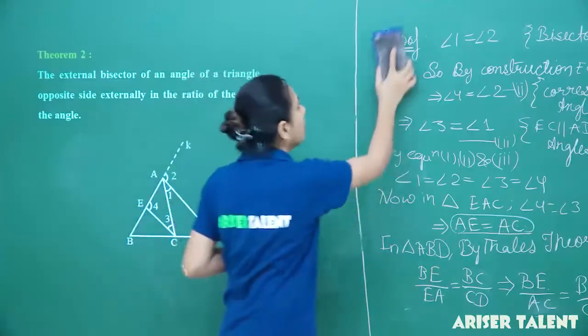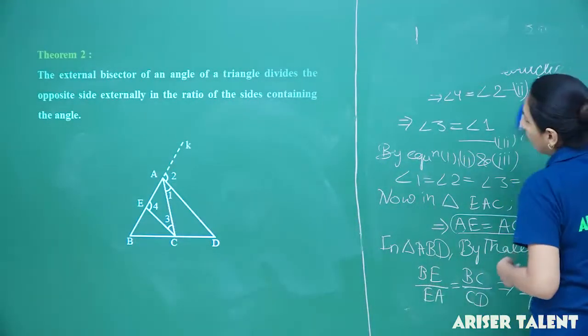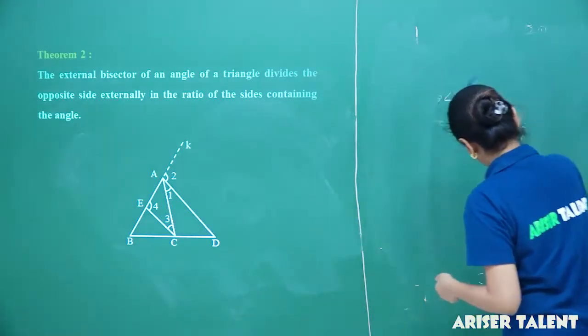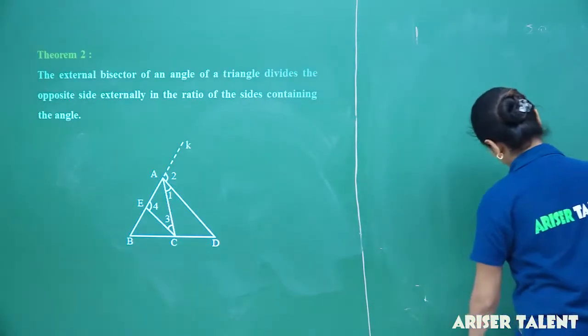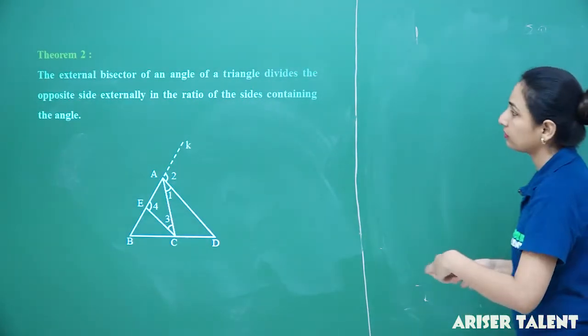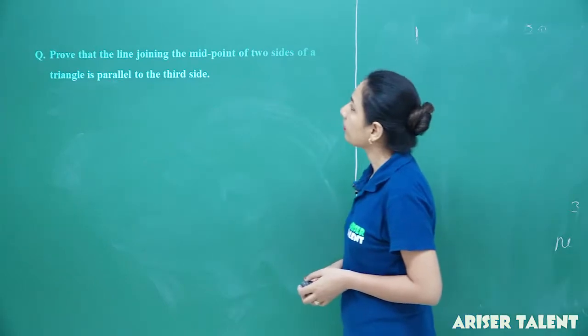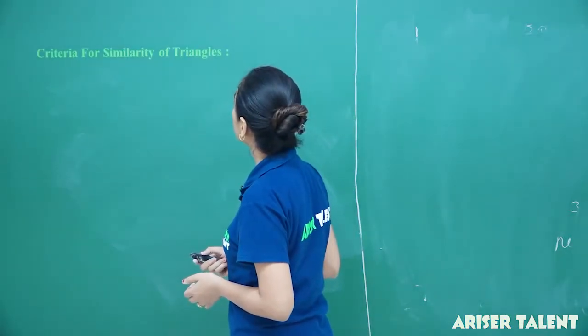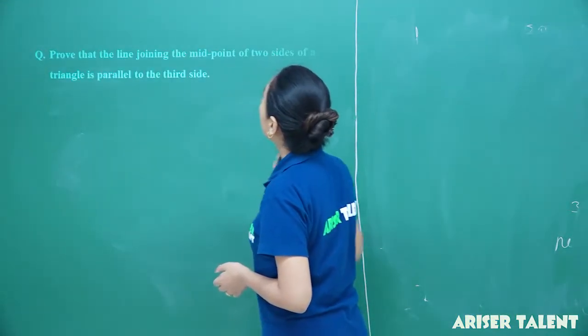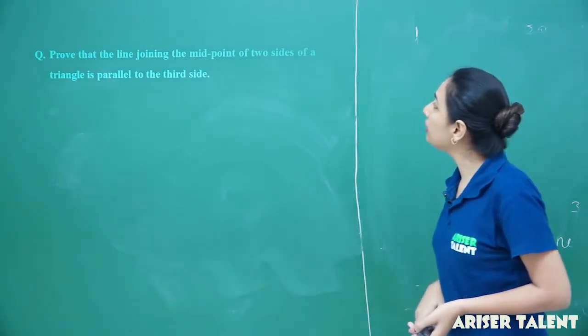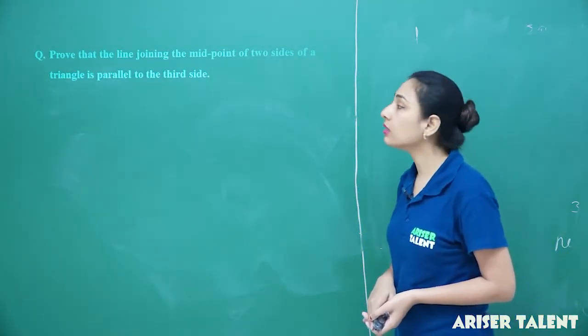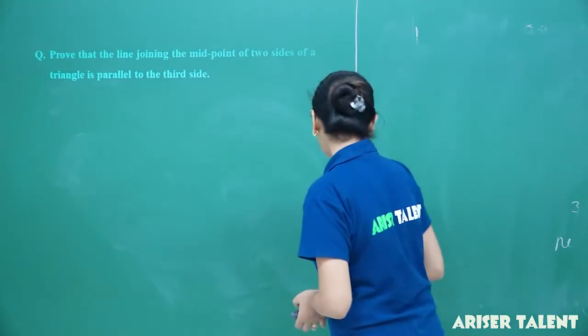Now we will do a question on it. Prove that the line joining the midpoints of two sides of a triangle is parallel to the third side.